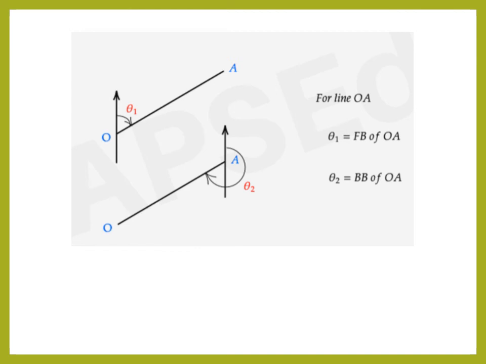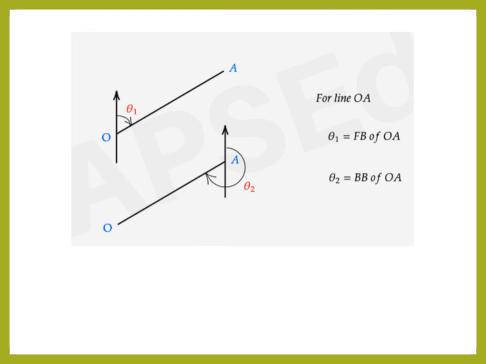After I reach the point A and again I am measuring the bearing of the line OA, I am measuring in the backward direction, that is the opposite direction of my survey. So that angle is theta 2, and it is called the back bearing of OA.